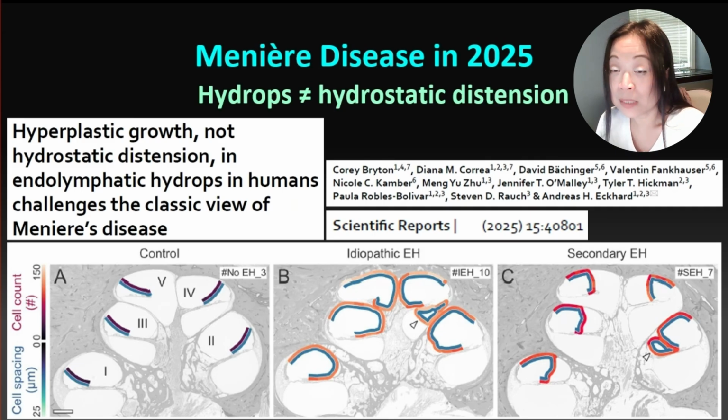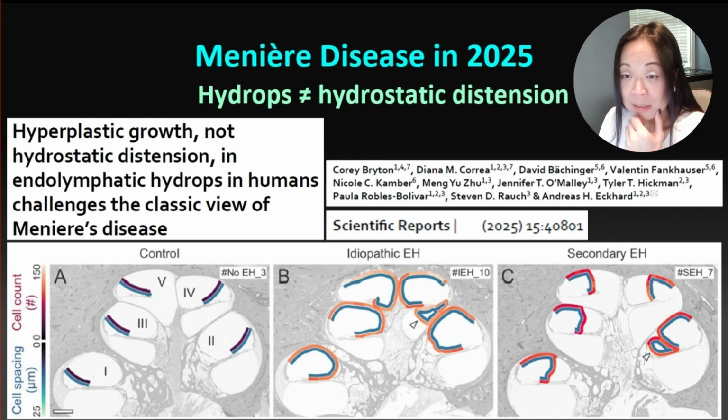The analogy may be closer to a kidney, where there are more cells now to compensate for the need to do drainage or what have you. One kidney grows bigger when the other is atrophic. So this is really the first time that there is some proof that it's not under distension, but in fact, it's proliferative. And so this speaks to the theory that when the endolymph space is big, it may be a compensatory mechanism.